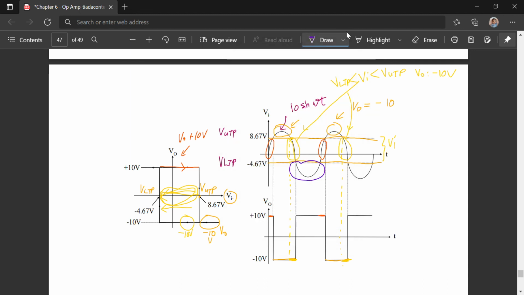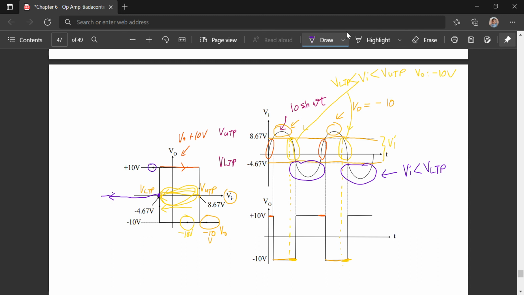Here, Vin is less than VLTP, which means the arrow is from VLTP and then it goes down to this side, to the left, so it follows this arrow on the top.